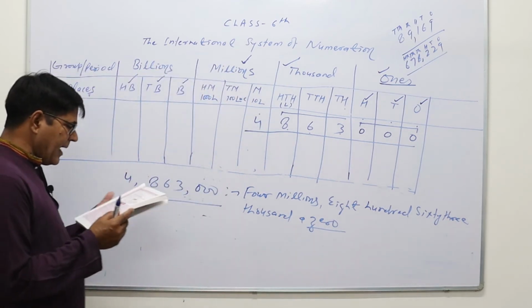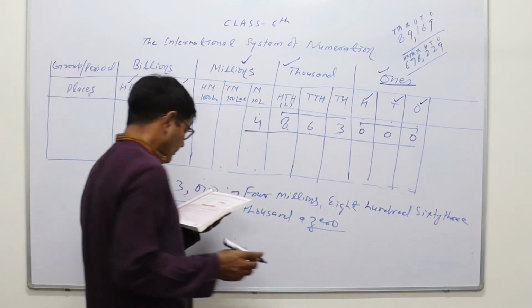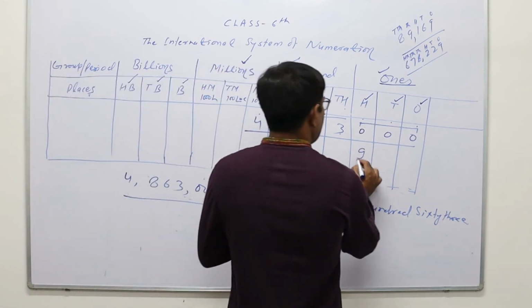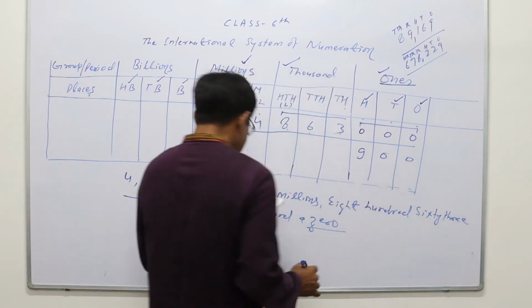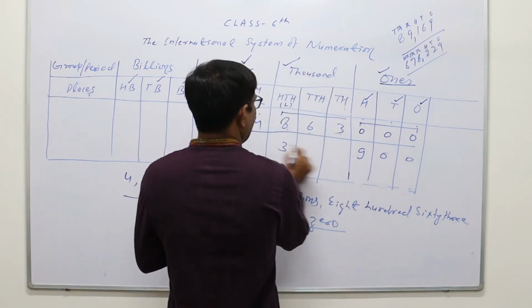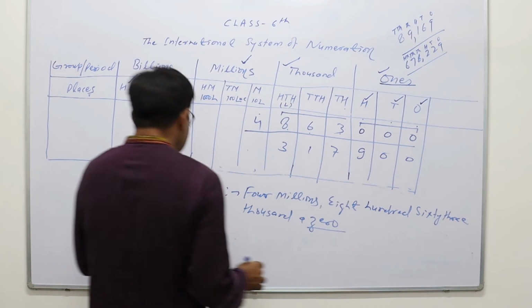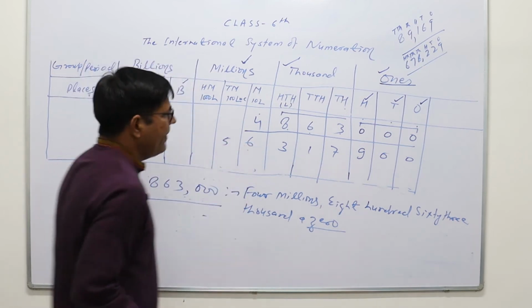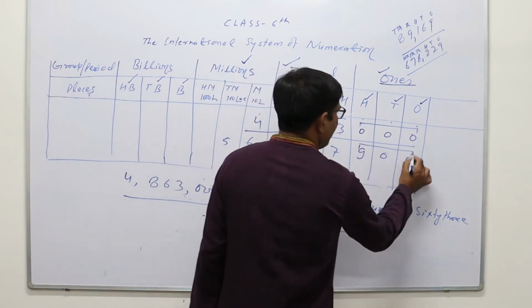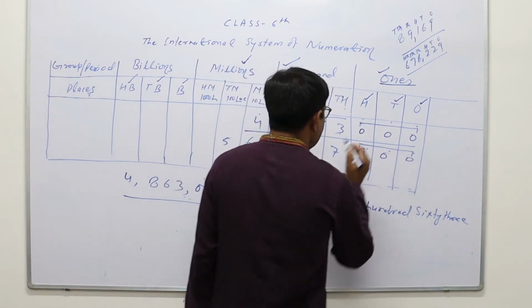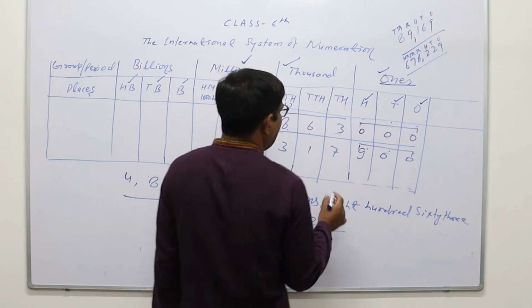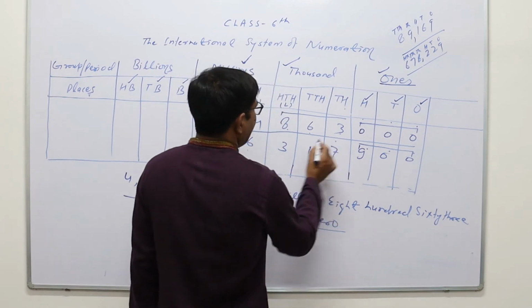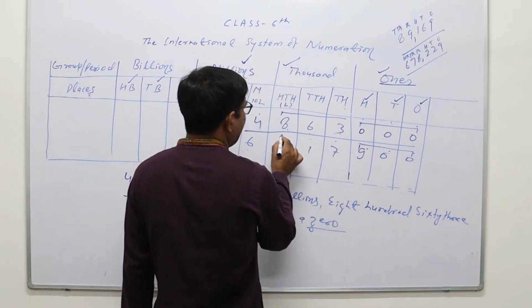Next, one more number, let us suppose this one is 900, the next is 317 and the next one is 56. From the right hand side, this is the ones group: ones, tens, 100. So it is 900, then 1000, then 10,000, then 100,000.